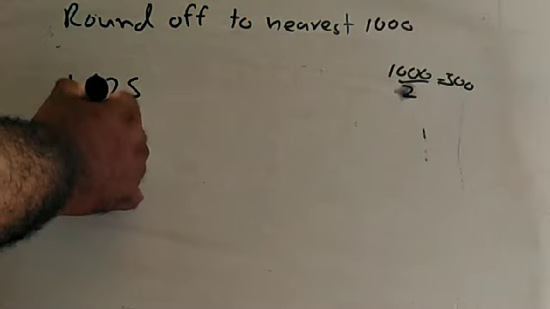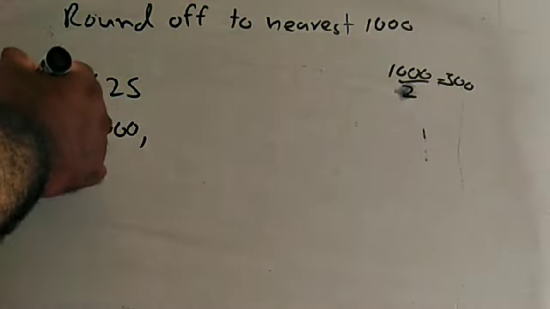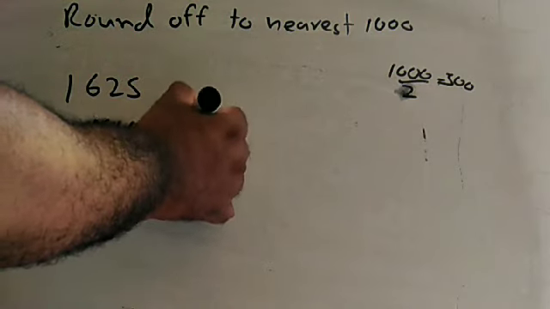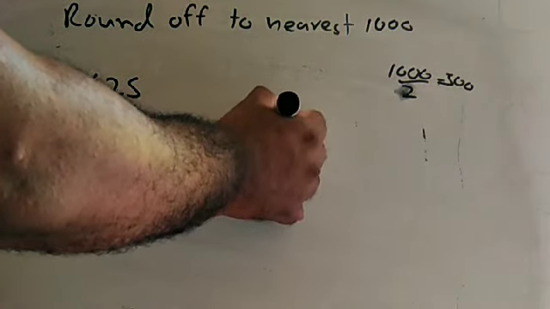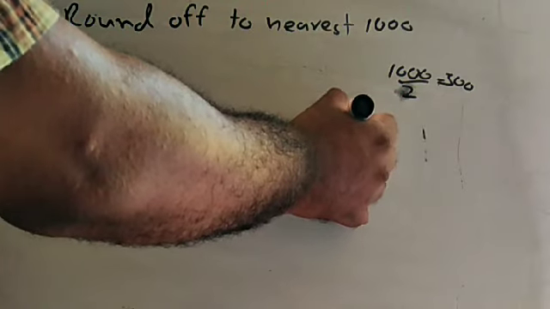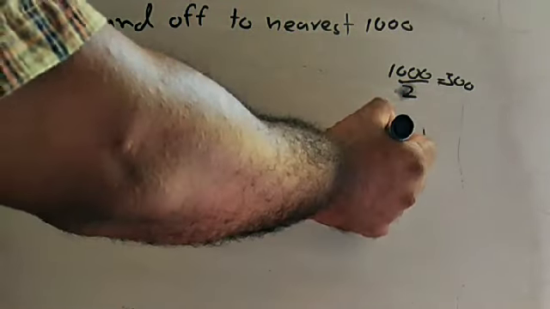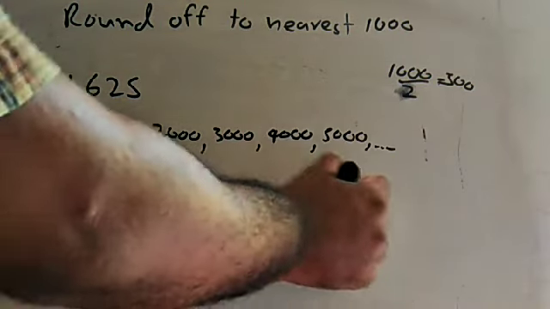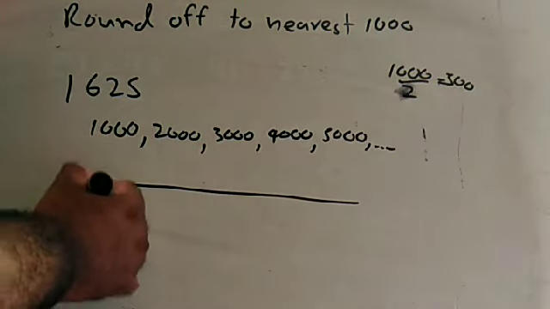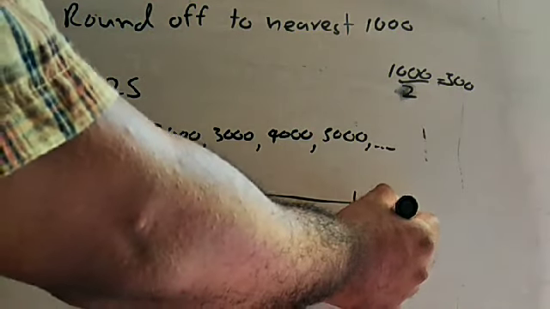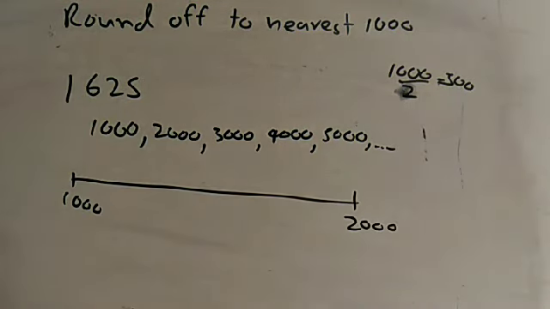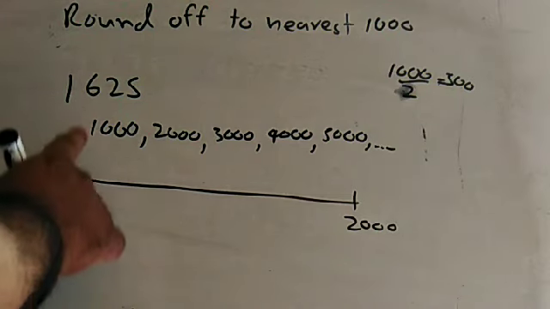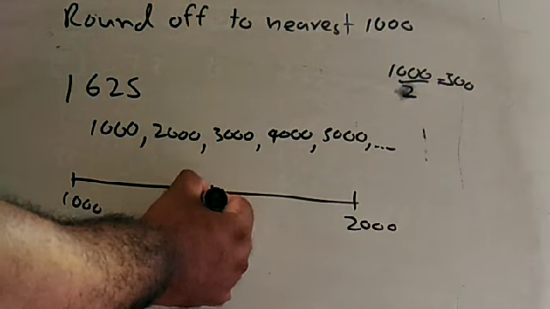Nearest 1000 means the multiples of 1000: 1000, 2000, 3000, 4000, 5000, like this. Then 1625 is between 1000 and 2000. The middle one is 1500.